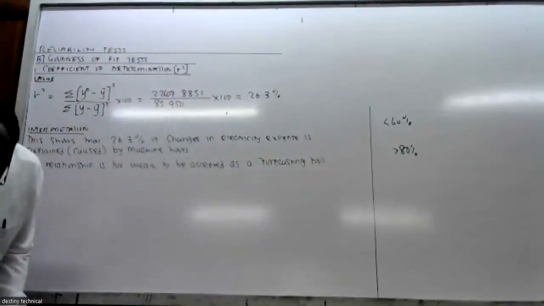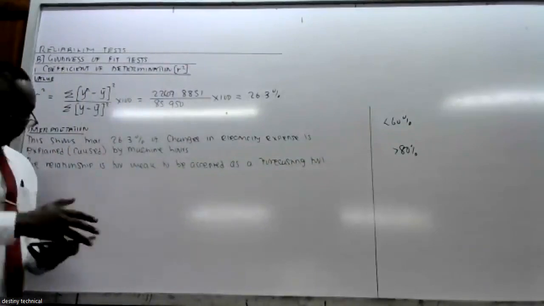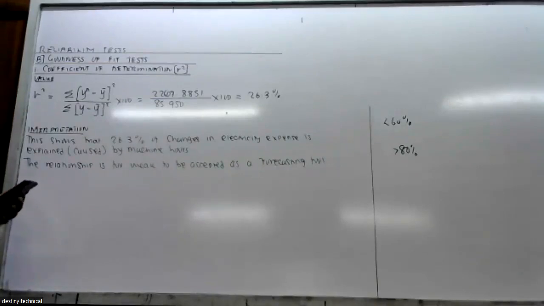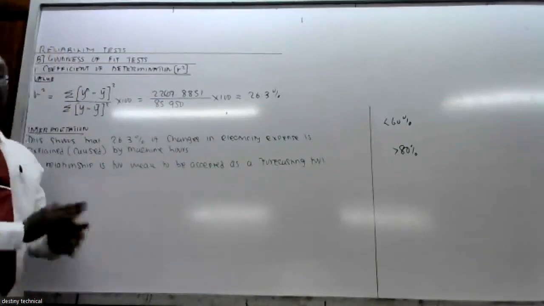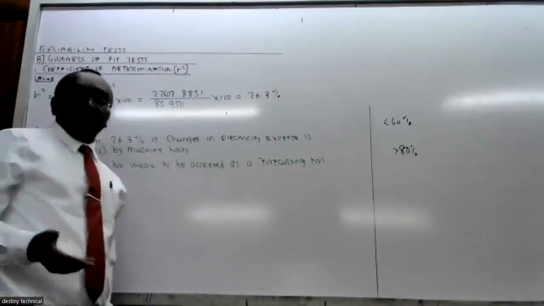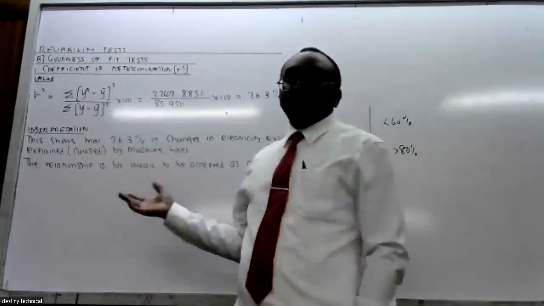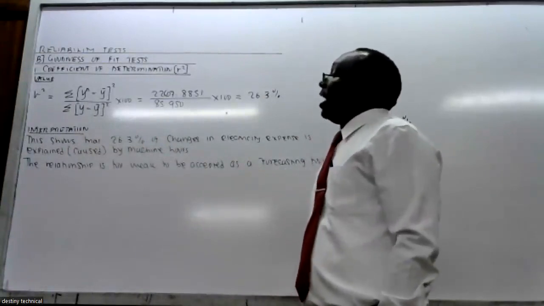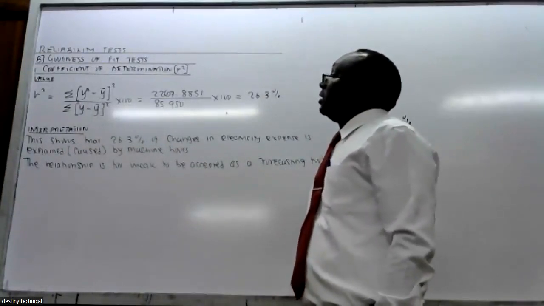It is very, very weak, because you can see it is just 26. So it is not helping us so much. It's only helping us to know 26% of our expenses. So it's not something that you can rely on. So that is how the coefficient of determination is interpreted.